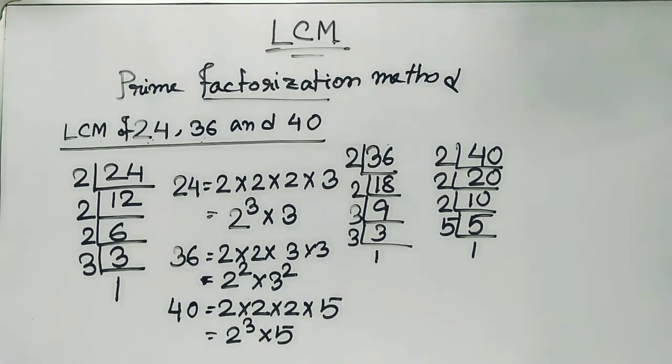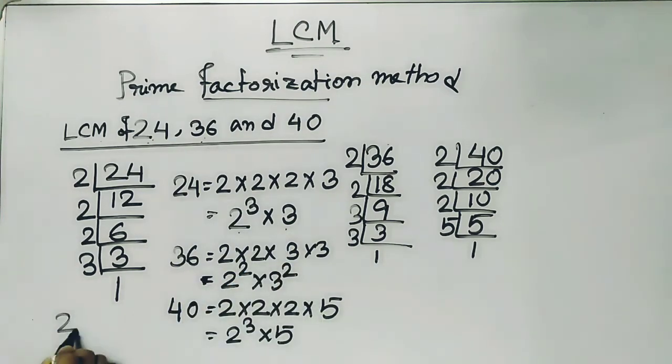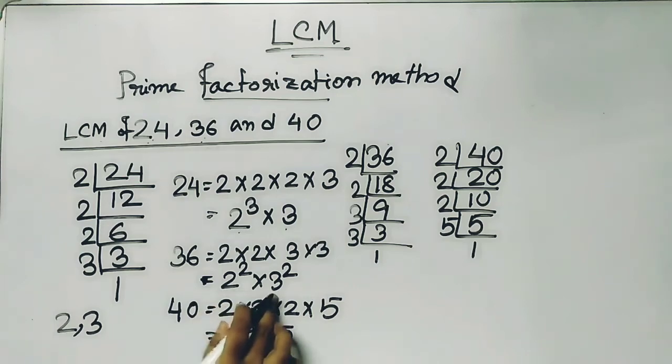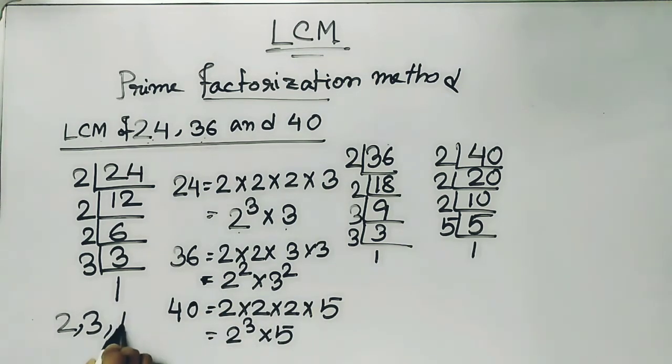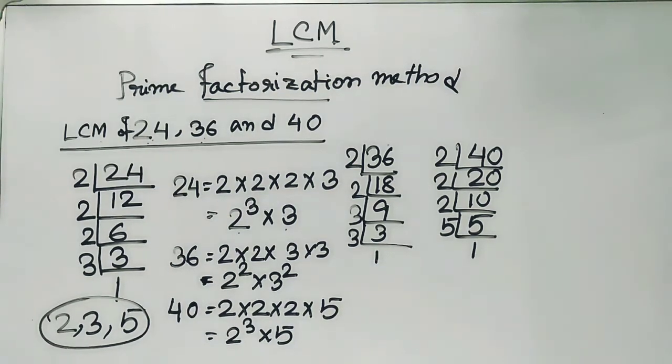Now see, what are the prime factors of these 3 numbers? Here 2 and 3 are prime factors. Next 2 and 3. Next 2 and 5. So 2, 3 and 5 are the prime factors among these 3 numbers. Now for LCM, we have to take the highest power of the prime factors.